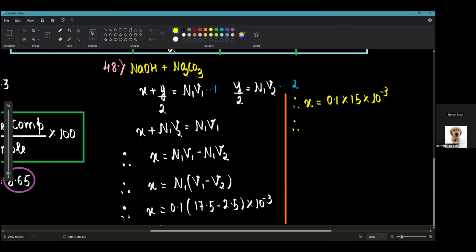So that means x is equal to 1.5 into 10 raised to minus 3. See, what is this? This is the gram equivalence of whom? NaOH. This is the gram equivalence of NaOH.